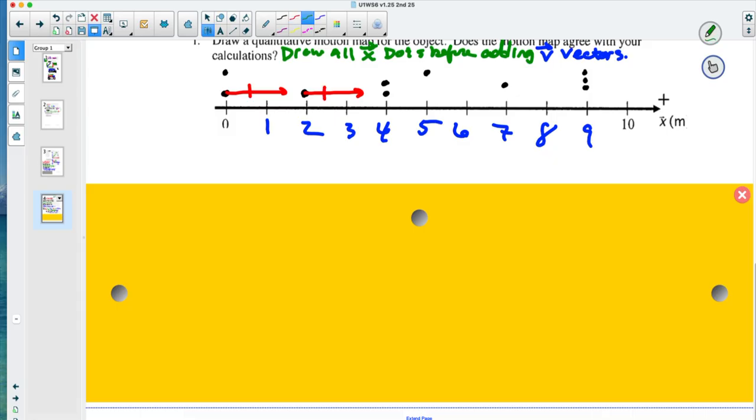So we stopped for a second, but phase 3 started at 4 meters. Oh, I didn't put those at 10. At 10, at 10, at 10, and then 5. That's better.